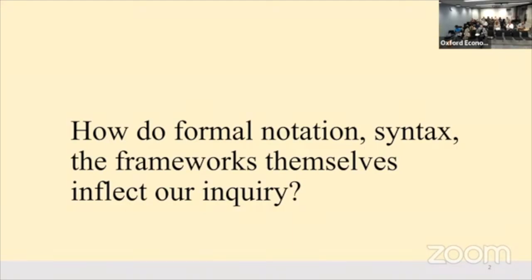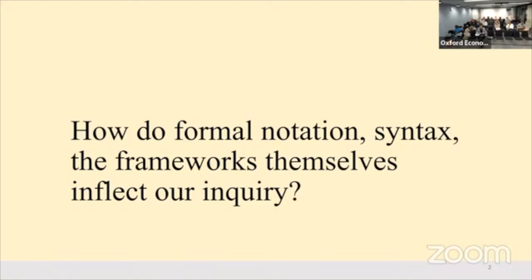That's a really big question, and I'll try to get a grip on it over the course of these 2 talks. Basically, I want to ask how notation itself, the structure, the formalisms that we use, affect the way that we conceive of our causal inquiry and our normative inquiry.